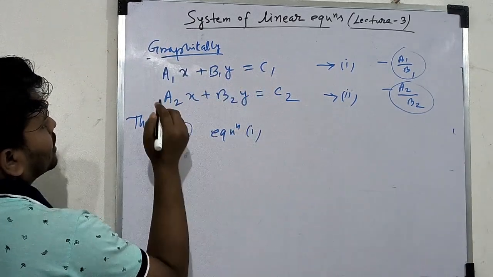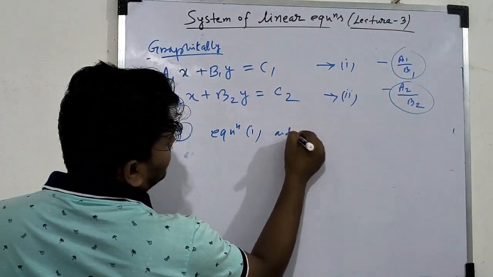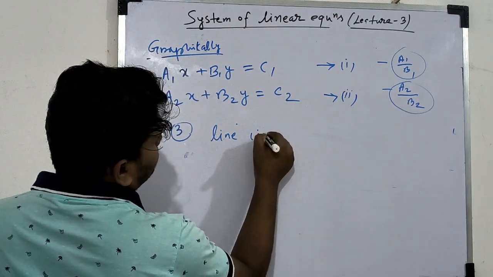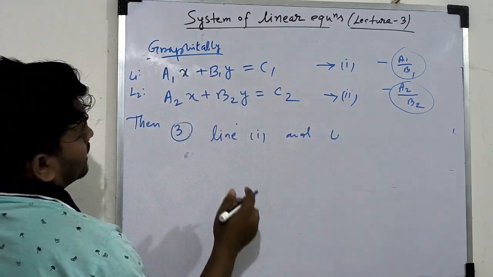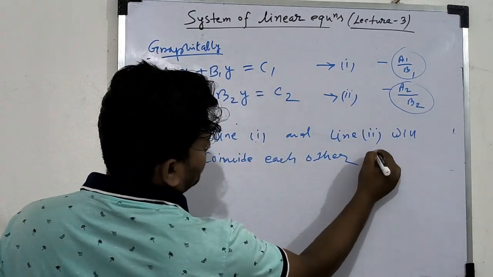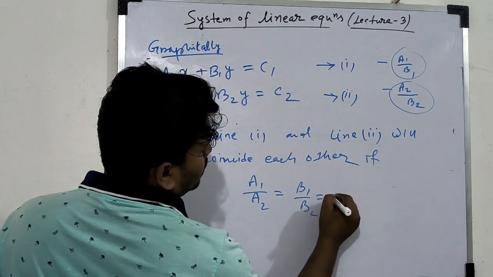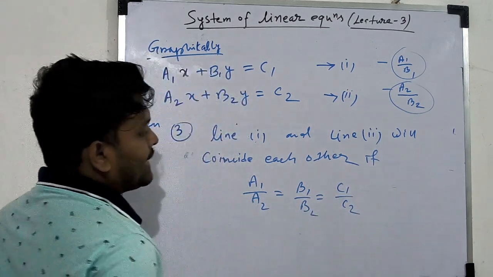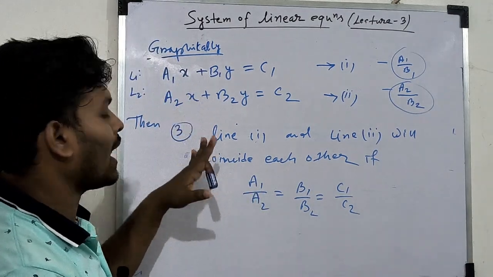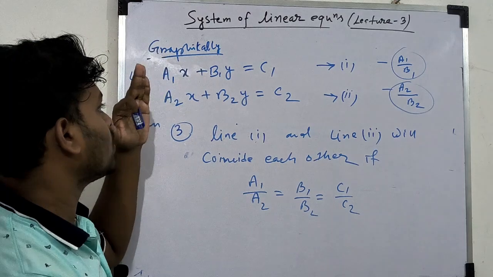And the third case: equation 1 and equation 2, meaning line 1 and line 2. These are equations of lines, and line 1 and line 2 will coincide with each other if a1 by a2 equal to b1 by b2 equal to c1 by c2. If the slopes and y-intercepts of these two lines are equal, then these lines will coincide.